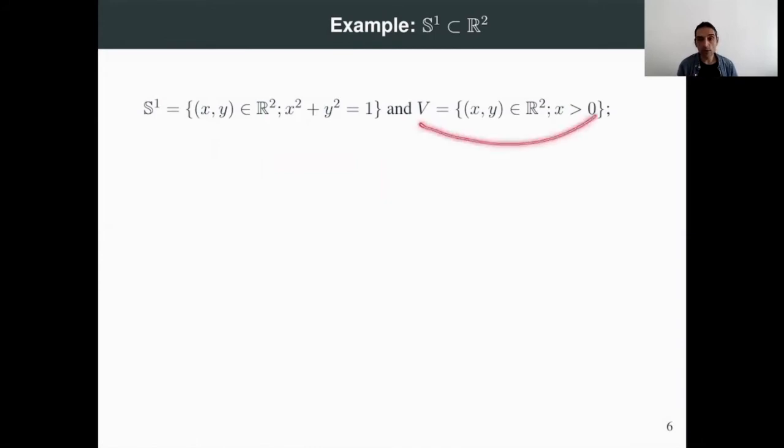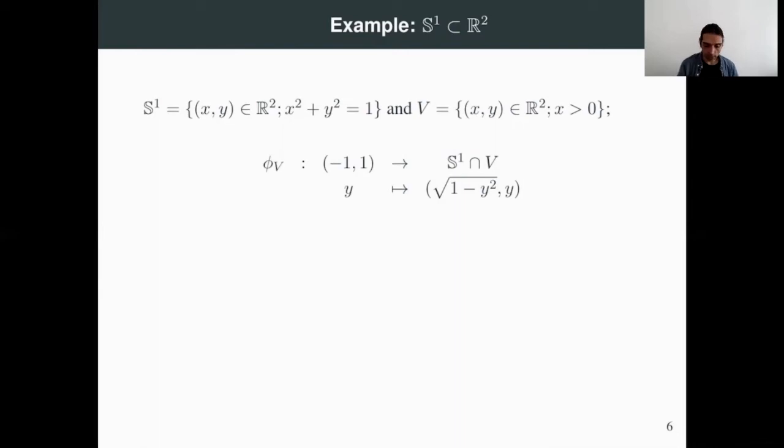We consider the points of the plane whose x-coordinate is positive. For the points of that set intersected with the circle, we have a parametrization, because the idea is quite simple.